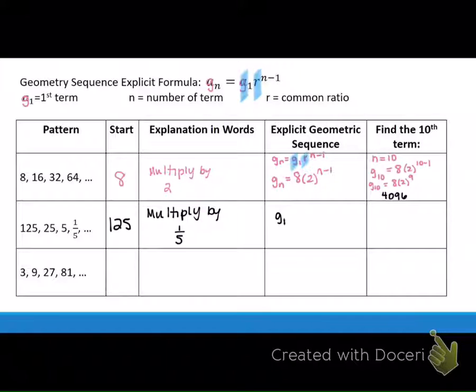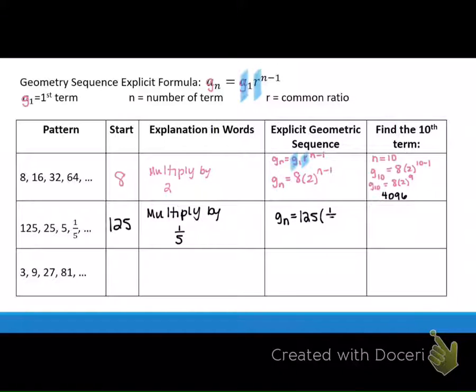G of n equals 125 times... What goes in for r? 1/5. It's always a multiplication. You can never say division. And to what power?